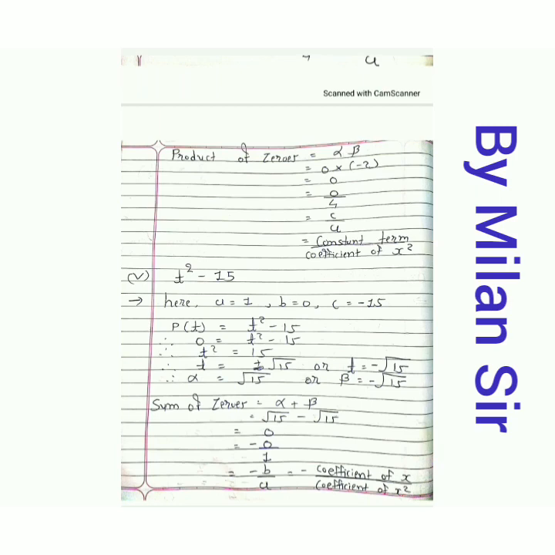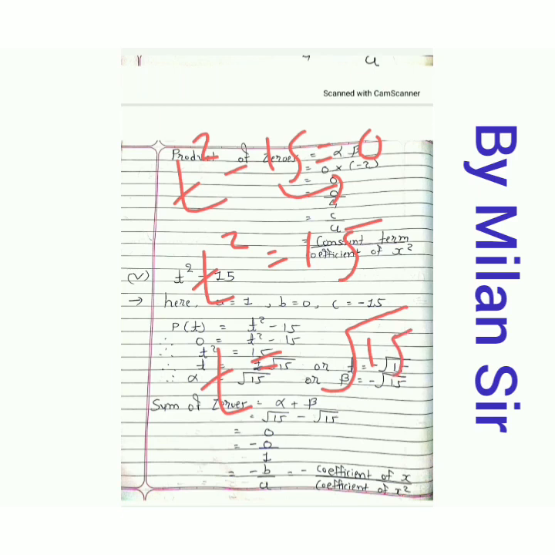Then p of t, put the value 0 in place of p of t. t square minus 15 is equal to 0, that means transfer 15 to the right hand side, so t square is equal to 15. Now for finding out the value of t, we need to take the square root from both sides.